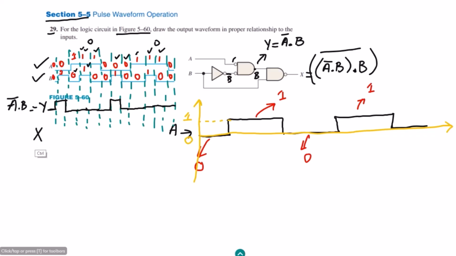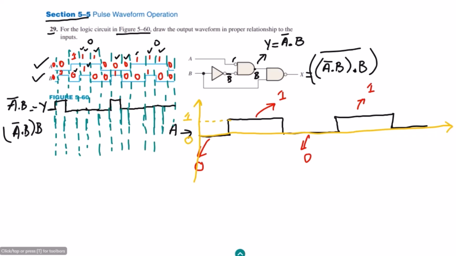So let me first find out what a prime dot b multiplied by b is. As both of them are multiplied together, let me extend it as well.